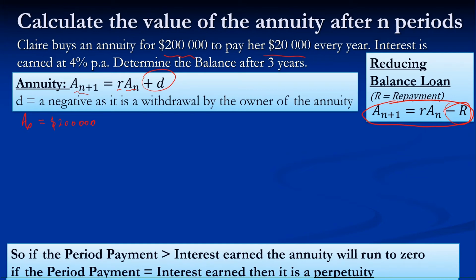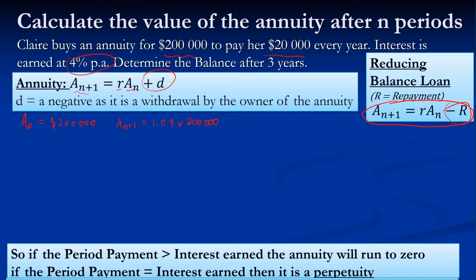And let's write in our relationship, A(n+1) equals our growth rate. Now what's our growth rate? Well, it's 4% per annum, and that's the interest, isn't it? So I equals 0.04 per annum, but that makes our growth rate 1 plus 0.04, so it's 1.04. And we're going to multiply that by our principal, which is $200,000.